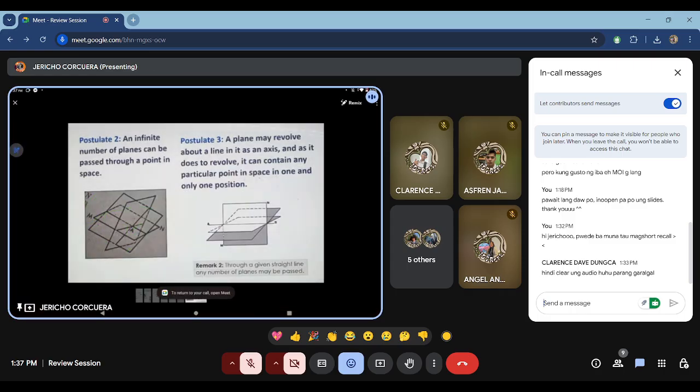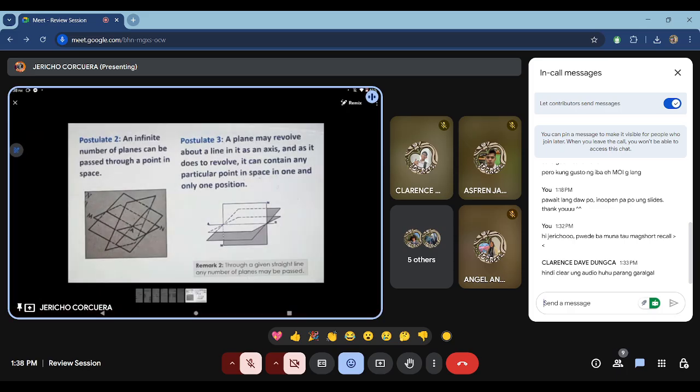And then postulate number 3, a plane may revolve about a line in it as an axis. And as it does revolve, it can contain any particular point in space in one and only one position. Hindi nagbabago ang position. It can contain a particular point in space. Pero yung plane, nagre-revolve siya about a line in it as an axis.